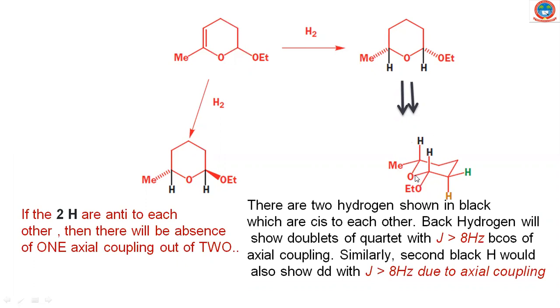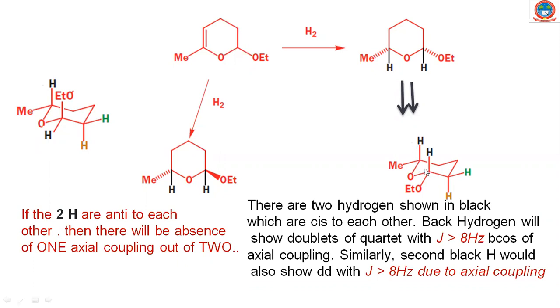Methyl and ethyl will be trans. If ethoxy goes here, you can see now they are trans. The two H are trans, and methyl and ethoxy are trans. Now, if you see this proton coupling, what will happen? Will it show any J value more than 8? No, it is impossible. Why?